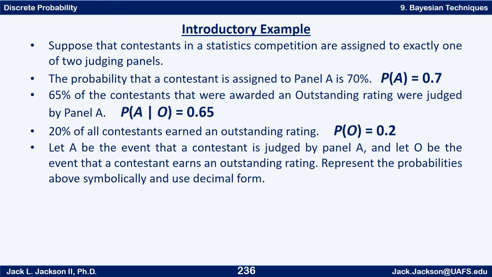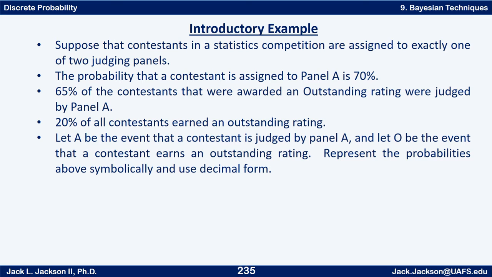The probability that a contestant is assigned to, say, panel A is 70%. Furthermore, let's say we know that 65% of the contestants that were awarded an outstanding rating were judged by panel A. And we furthermore know that 20% of all the contestants earned an outstanding rating.